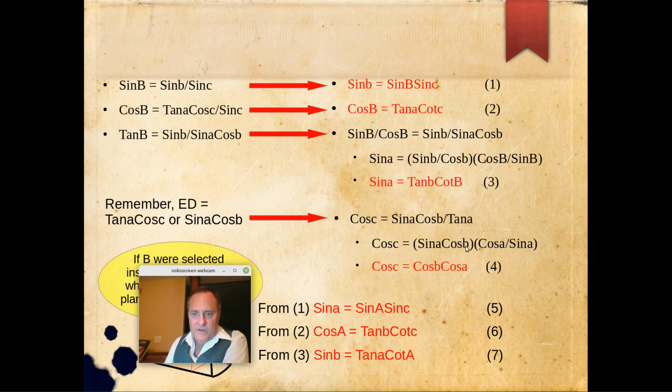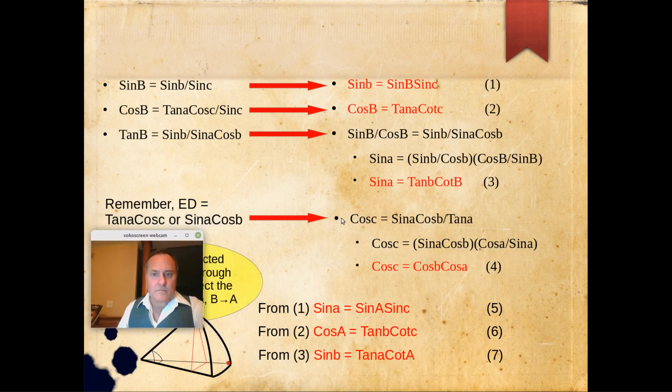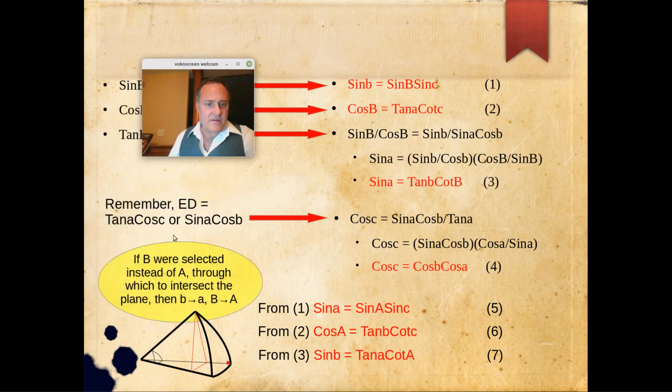So we have cosine B times cosine A, and that's 4. All right. Now, from 1, now let's see, what does this say under here? All right. So now we've derived 4 equations just like that.